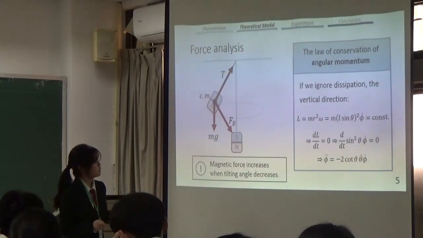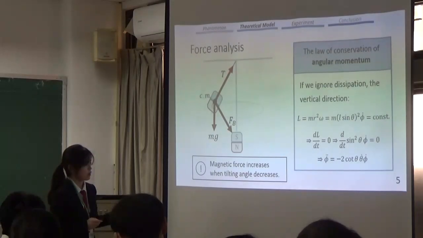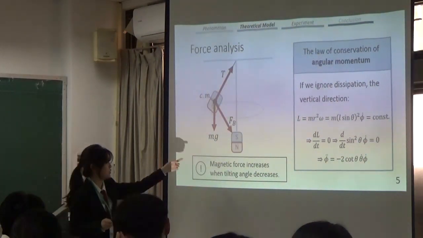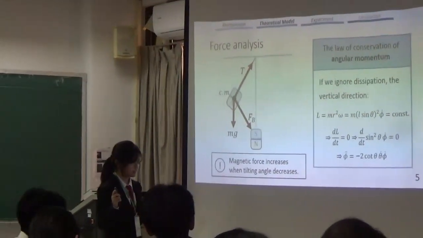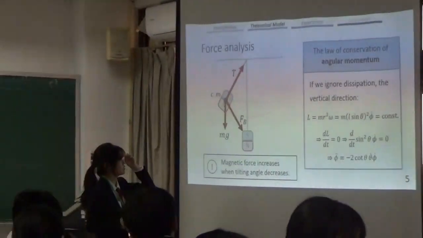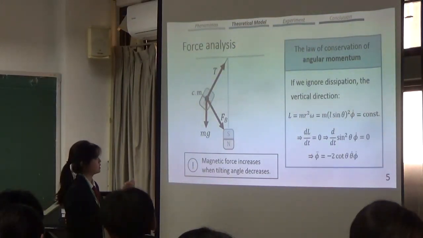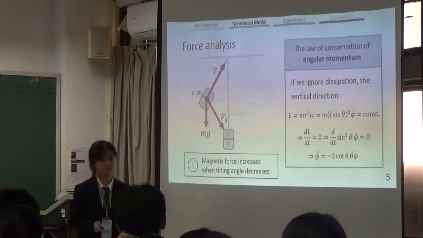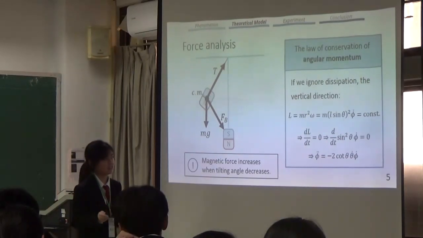The forces in this diagram are mg, the gravitational force on the pendulum's mass, T, the tension of the string connecting to the magnet, and Fb, the magnetic force between the two magnets.